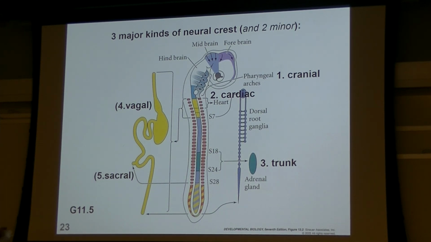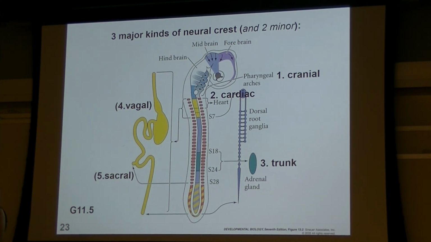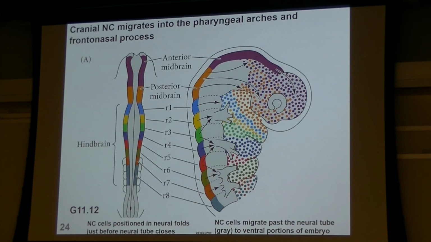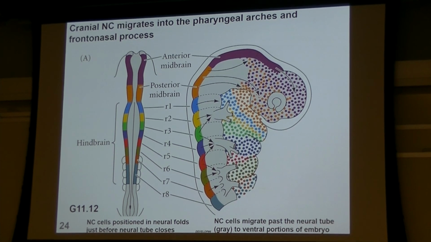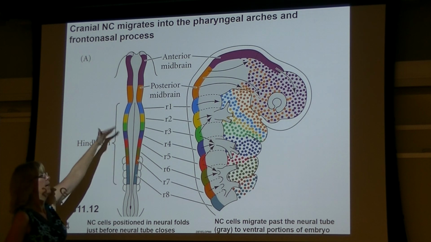And these are little territories that you can make out, and the neural crest cells are contributing extensively to all of these tissues. So here's a picture of the forebrain, which is sort of folded over in this section, but then we have midbrain and then hindbrain here.